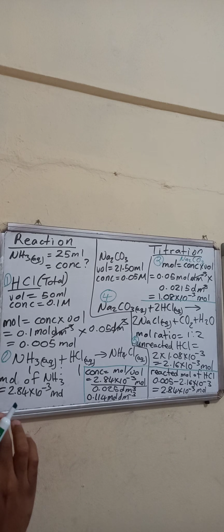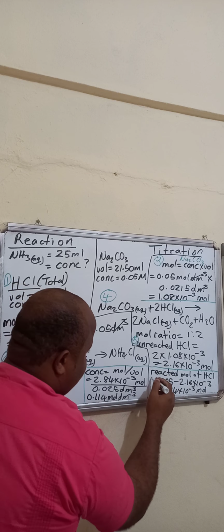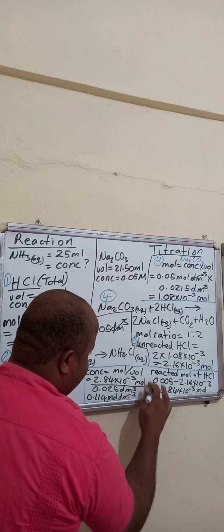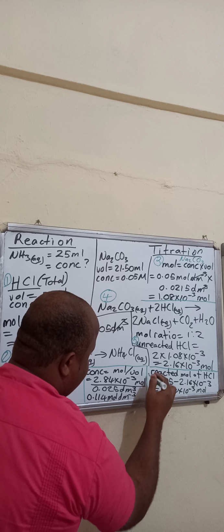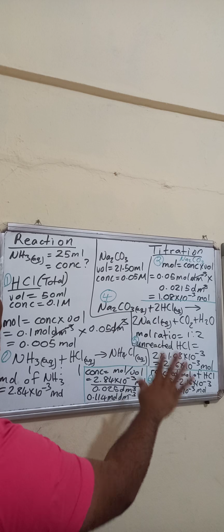So that's step 5. Once you get the unreacted number of moles, you're going to subtract it from the total to get the reacted amount. Alright, so step 6, you get the amount of substance that actually reacted. And step 6 ends the titration.